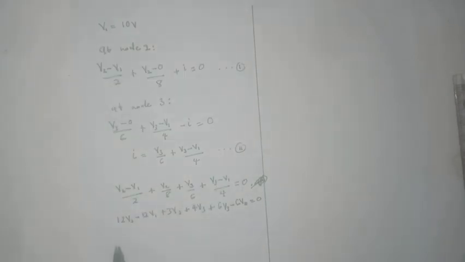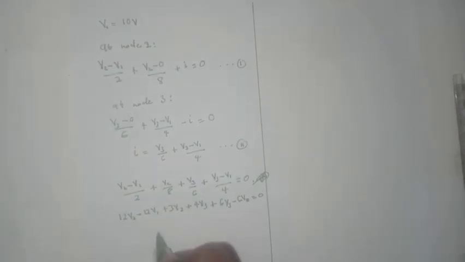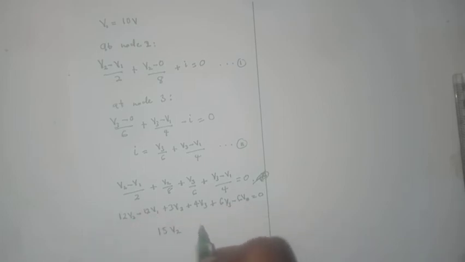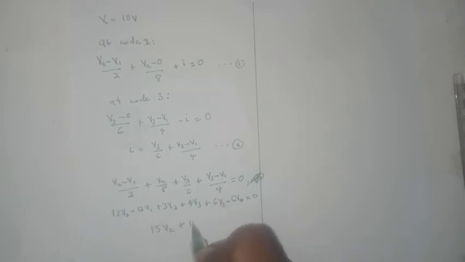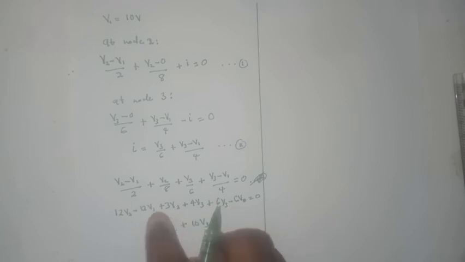We get 15V2. Then we have the V3s, that will be plus 10V3. Then recall that V1 is equal to 10, so we can just substitute this.